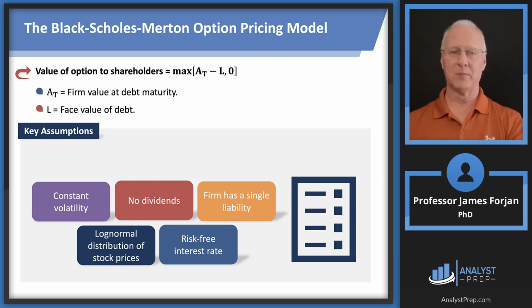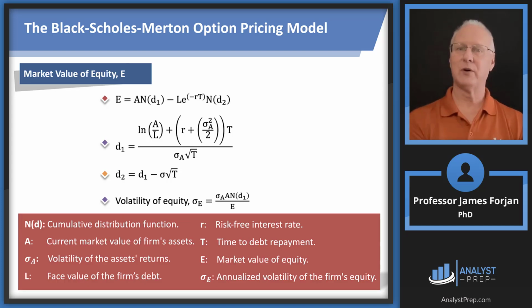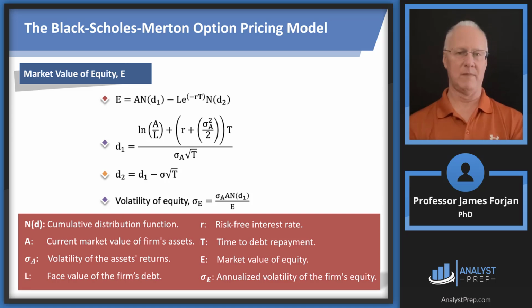We take A multiplied by a probability minus L multiplied by a lower probability, okay? And then we have to adjust L for time value of money. So we raise it to the minus rT, which means we're just taking the present value of the principal amount of the bond issue.